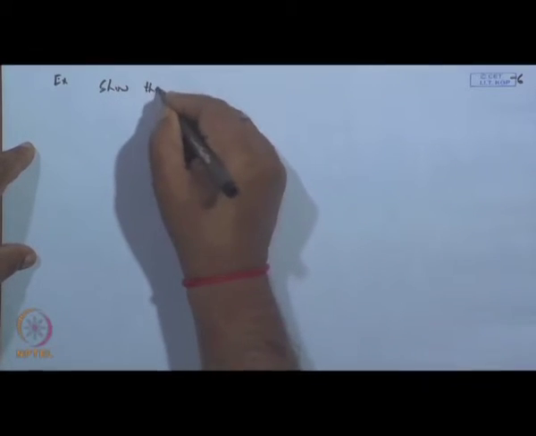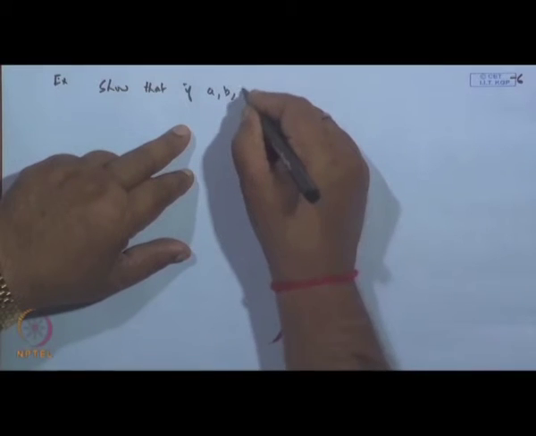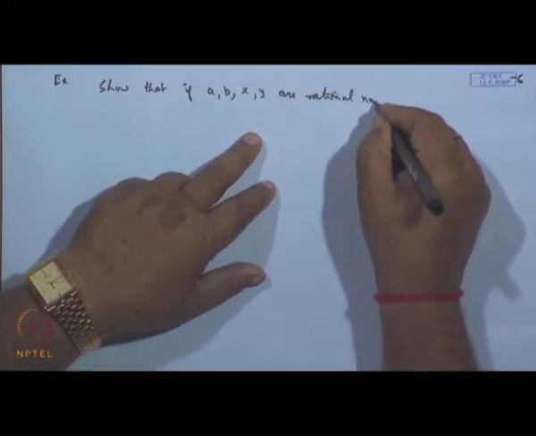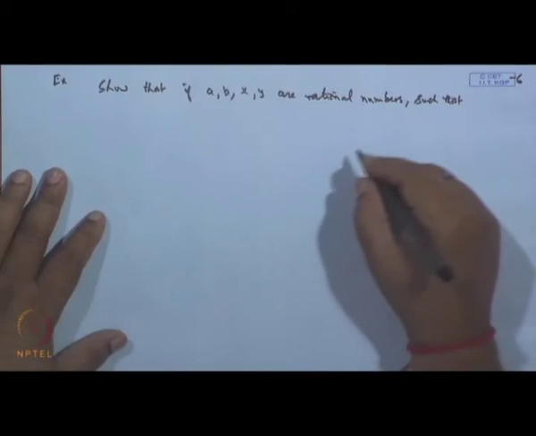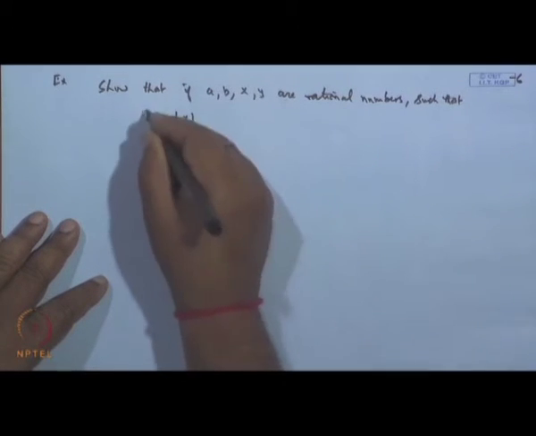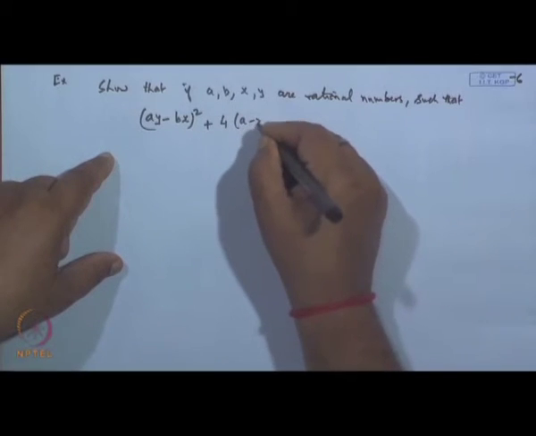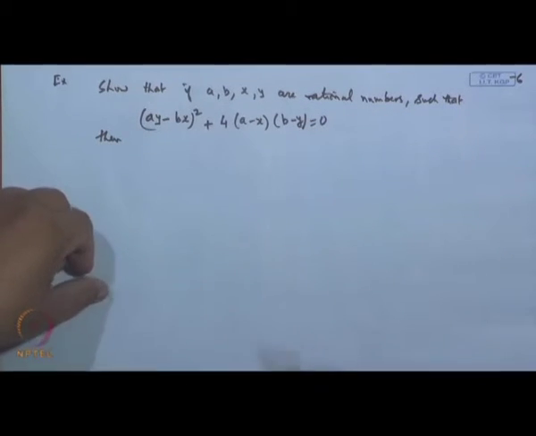Suppose a, b, x, y are rational numbers such that (ay - bx)^2 + 4(a - x)(b - y) = 0.